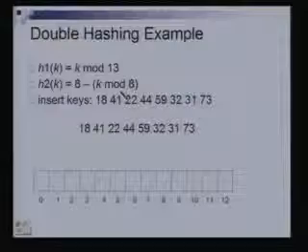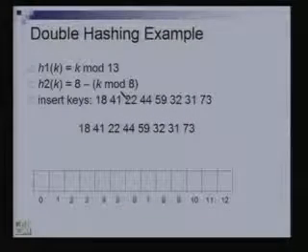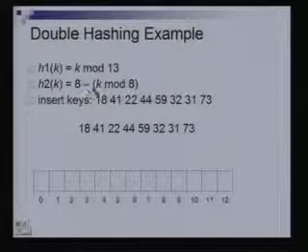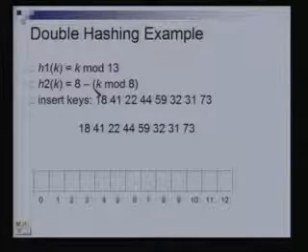It cannot be 0 because k mod 8 lies between 0 and 7, so it is between 1 and 8. 0 does not make any sense, right? If it is 0, then we are in trouble. If h2(k) is 0 for some k, then you are continuing to look at the same place, and if that place were occupied, then you cannot insert the element at all.